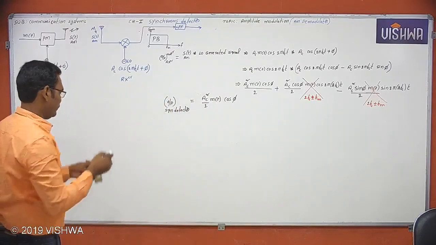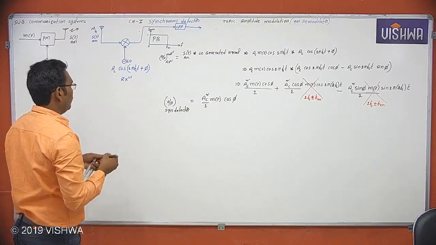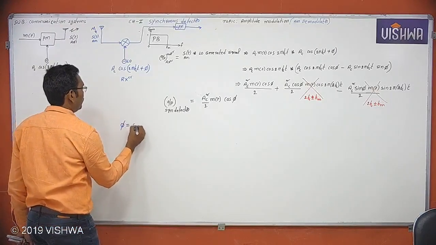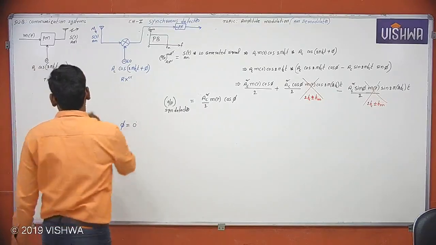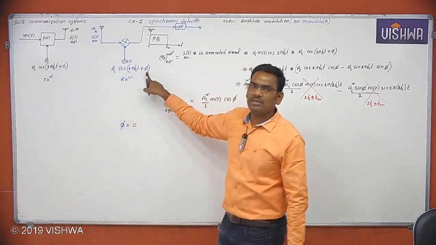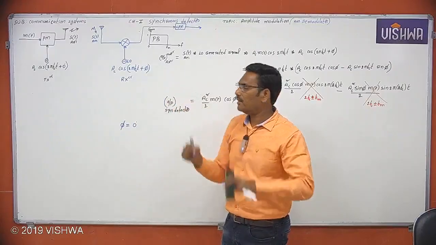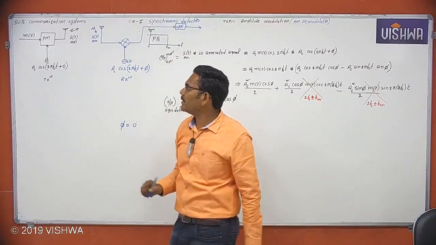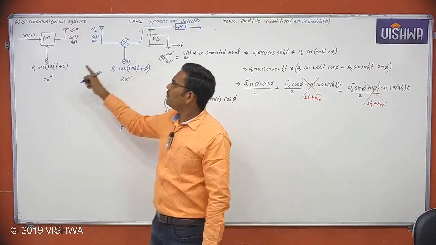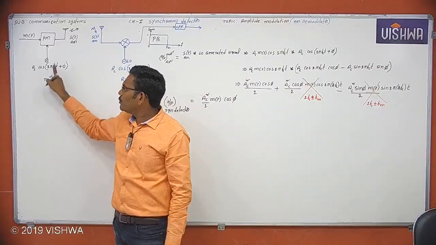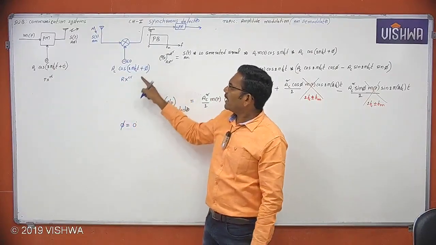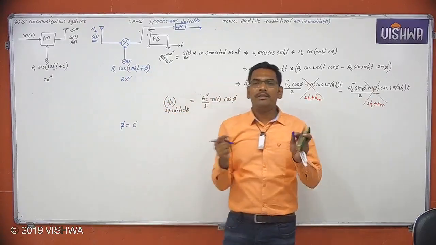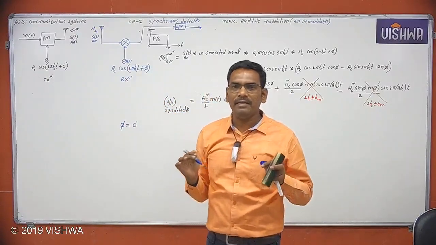Now you see here, when the phase shift phi equals 0 degrees, here also the phase shift is 0, exactly, both phases are matching. So you understand the meaning of synchronization. Synchronization is nothing but synchronization between the carrier used at the transmitting side and the carrier generated at the receiver by using a local oscillator. These two carriers should be perfectly synchronized.